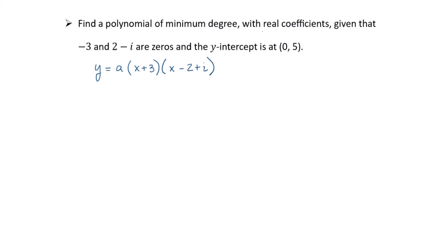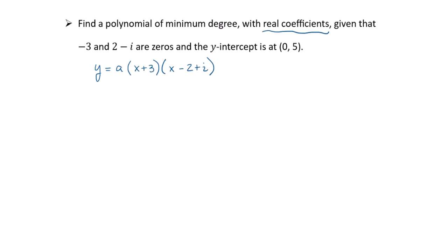Now we also know that we have only real coefficients. If we were to multiply these together, we would end up with an i in our polynomial. That's not allowed here. So we need real coefficients. That means our conjugate zeros theorem comes into play.